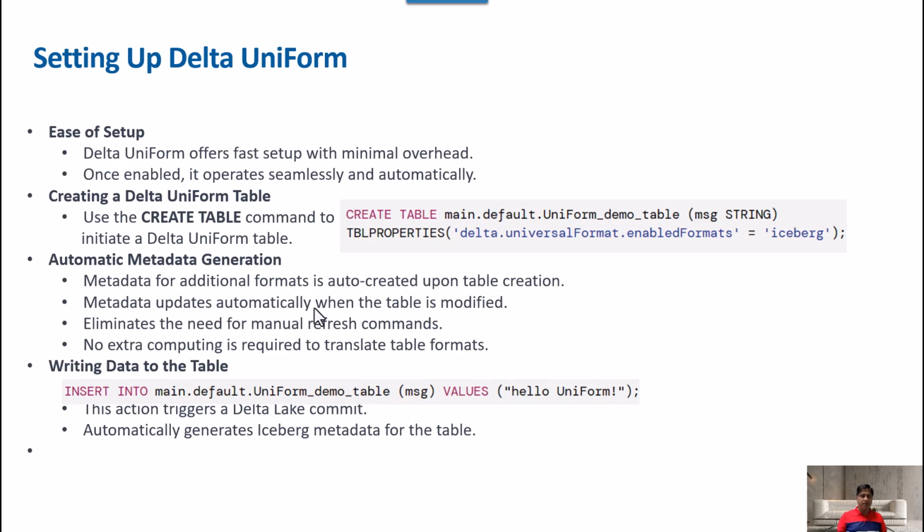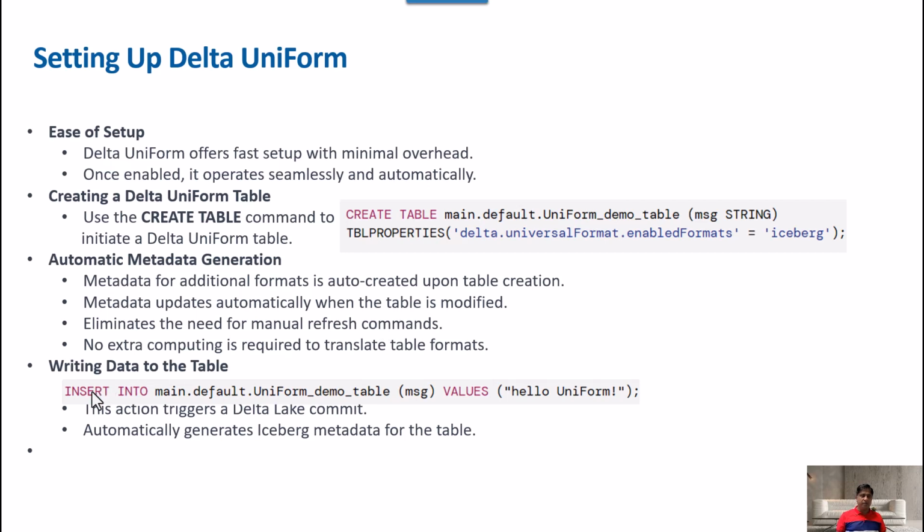Metadata updates happen automatically when the table is modified, and it also eliminates the need for a manual refresh command. That means you don't have to do any manual intervention. More than that, it does not require any extra compute just for translating the table from one format to another. And then you might be thinking, how do I write data into this table?